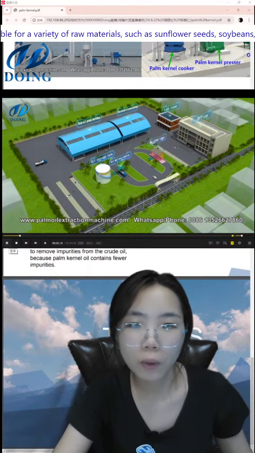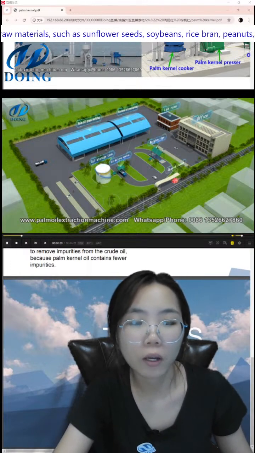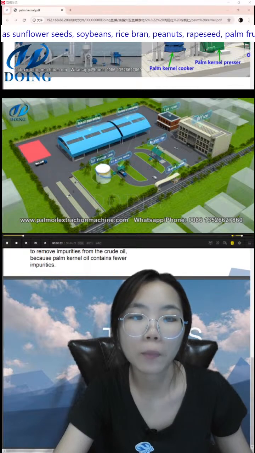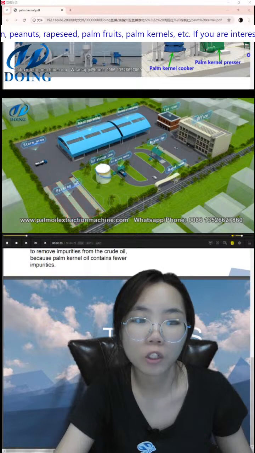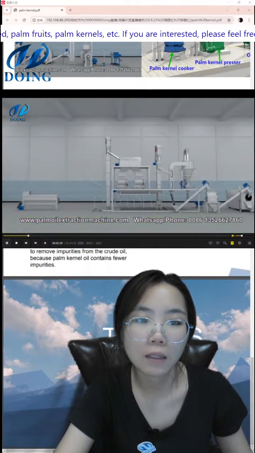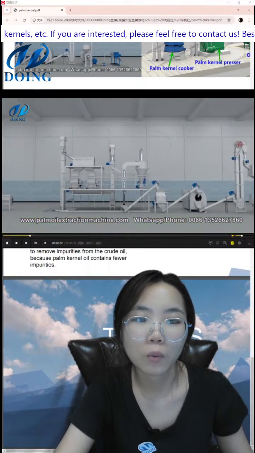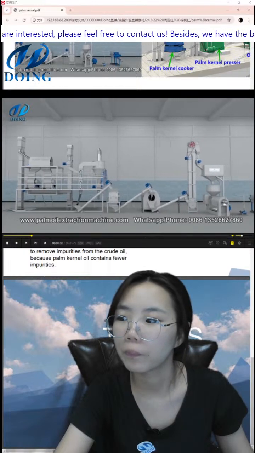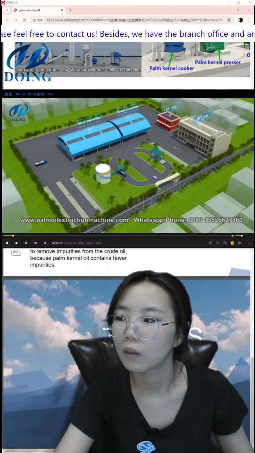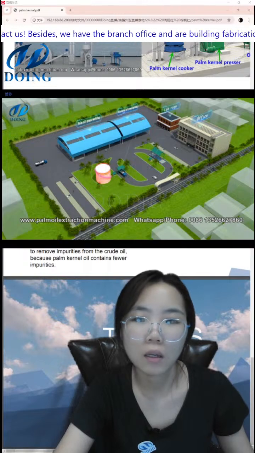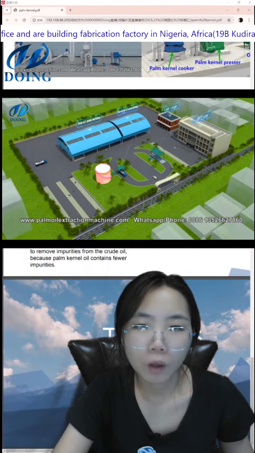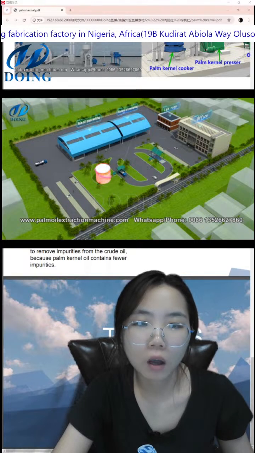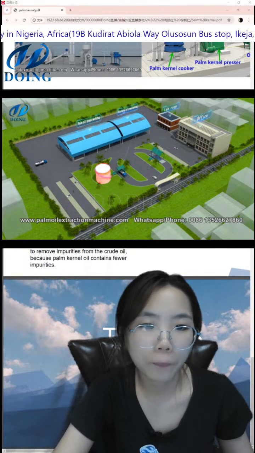From the first, we see the layout of a complete palm oil and palm kernel pressing factory, including the palm pressing workshop and palm kernel processing workshop, office, laboratories, outdoor oil tank, and so on.